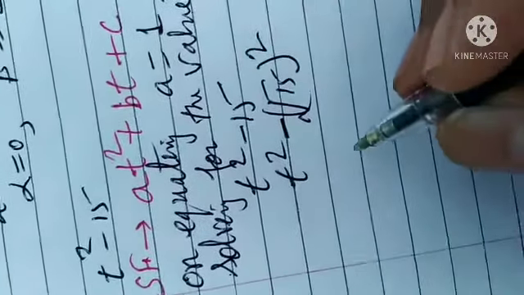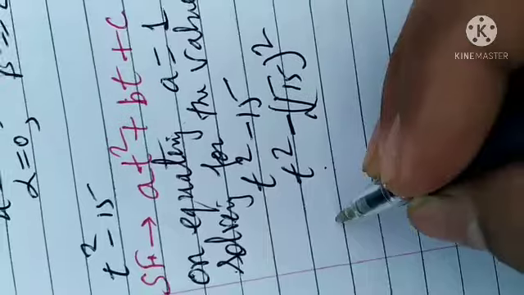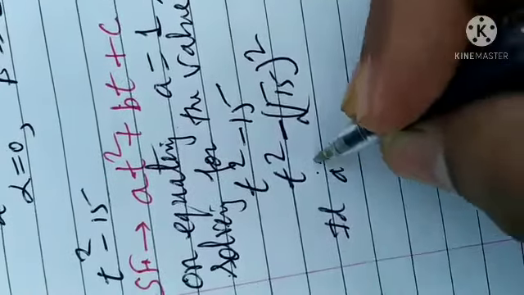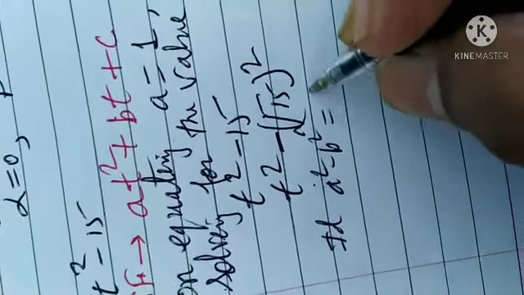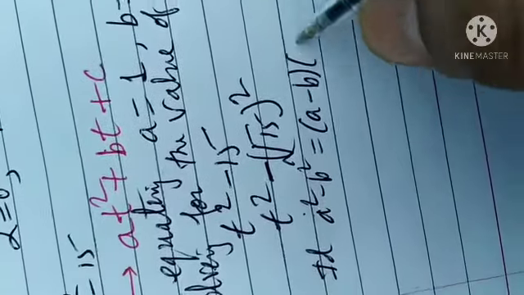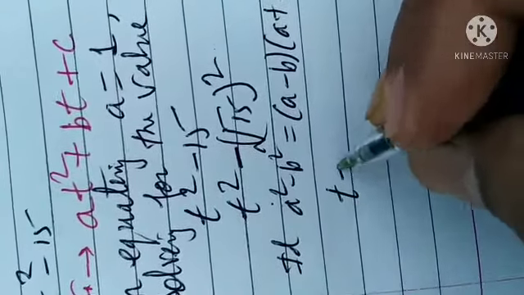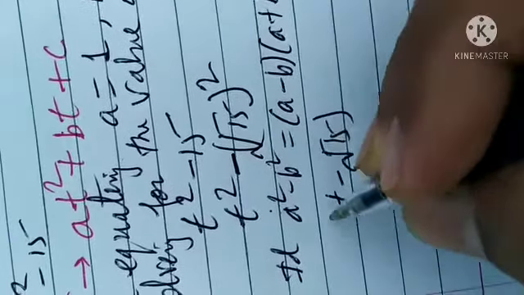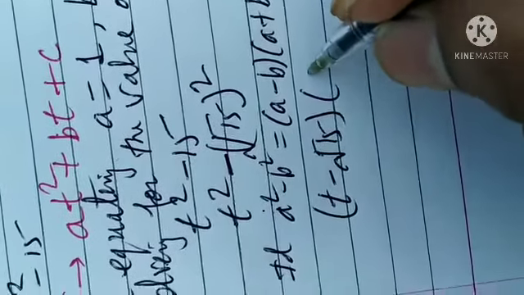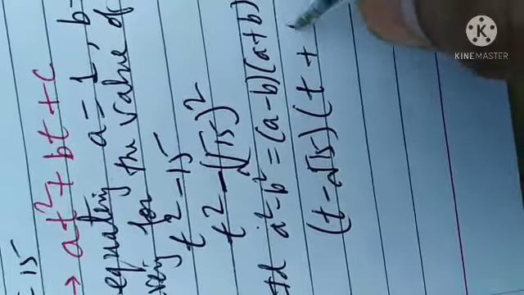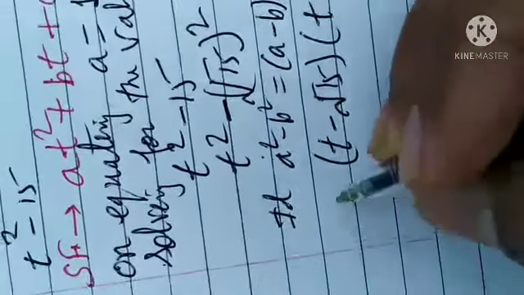Now here we can use the identity. What identity? That identity we use, a square minus b square, that you know, a minus b and a plus b. So we will write down this t minus under root 15 in one bracket, and second bracket t plus under root 15. Okay.